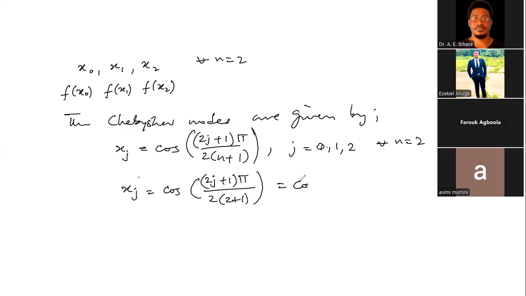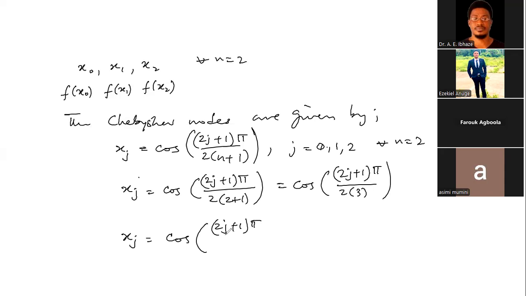And this will give us cos((2j plus 1) pi) over 2 times 3, right? So it means that S of j is going to give us cos((2j plus 1) pi over 6).